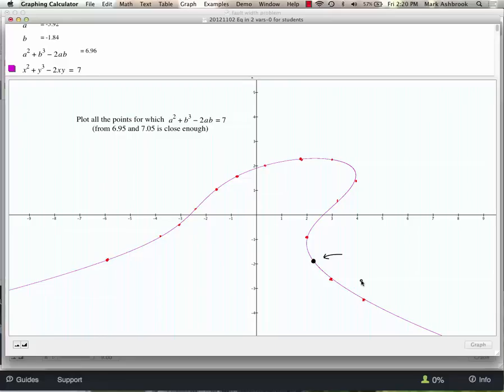A point is an object. The point is a location. What can you tell me about that point? Right. The coordinates of that point satisfy that equation. What can you tell me about this point? It won't, right? You put in the x and the y coordinates, it won't equal 7.